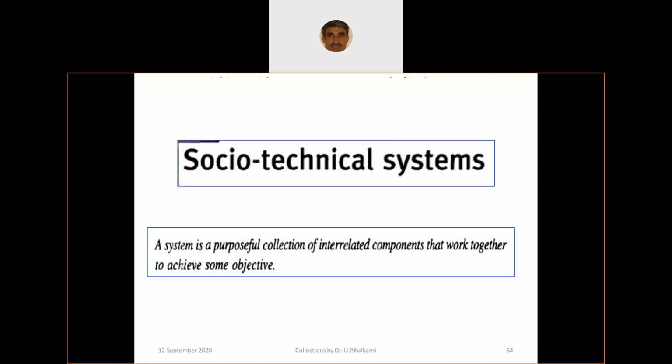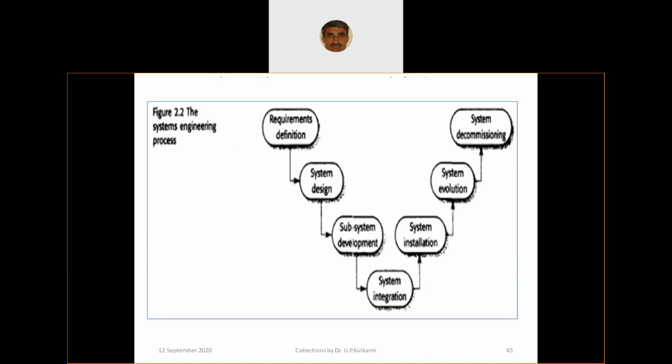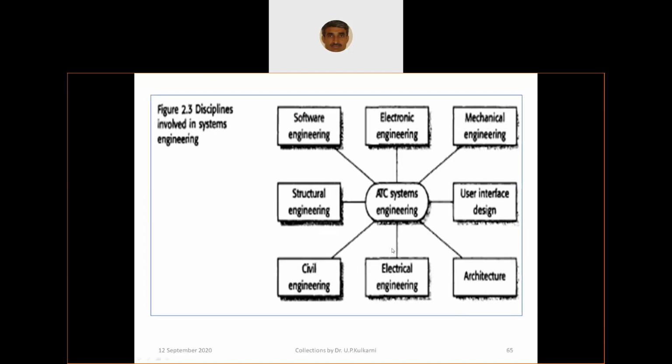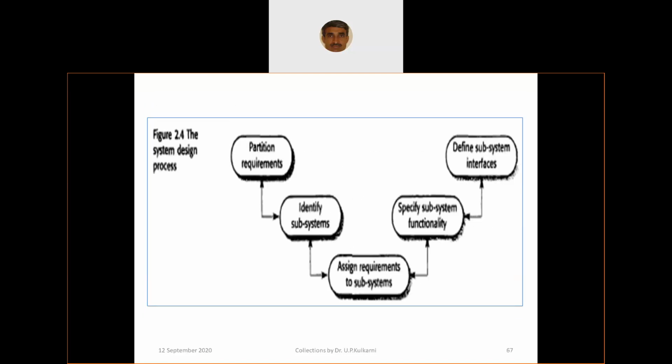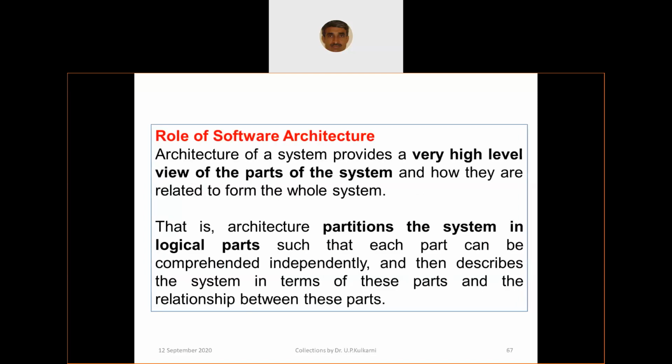There is theory about socio-technical systems and all. So we'll see all these theoretical things in the next class starting from Monday. The system engineering process, what all is involved in that. Then we'll look into the disciplines involved in system engineering. The system design process, we already know.